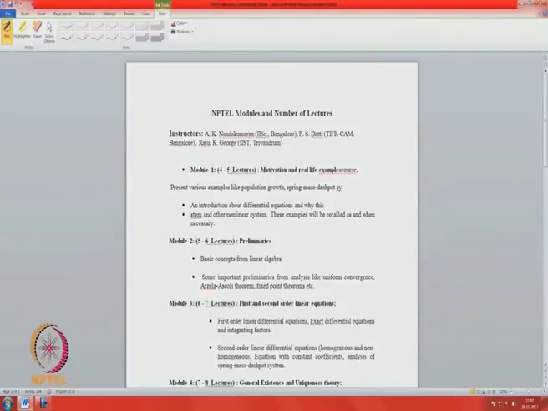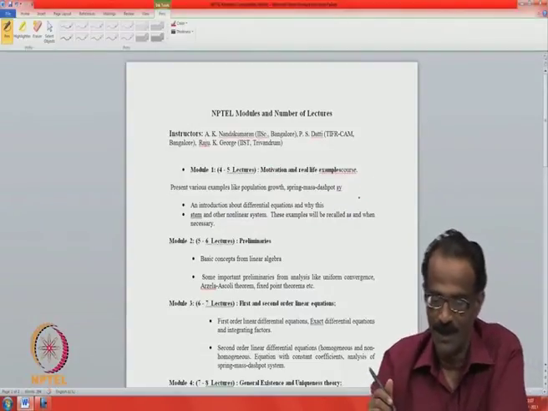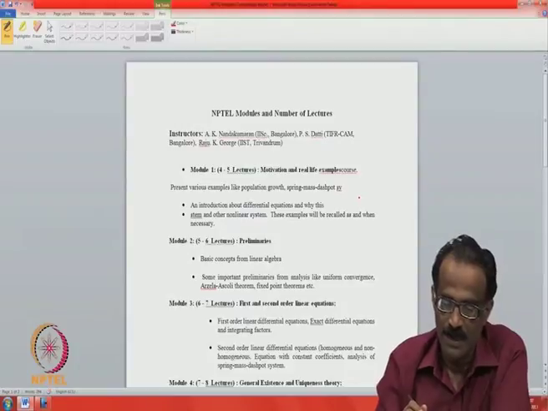That is what I have given in this lecture. I hope it has motivated you to learn differential equations. If it has not, I am sure over a period of time you will get motivated, and my colleagues will motivate you more than me as we go along.